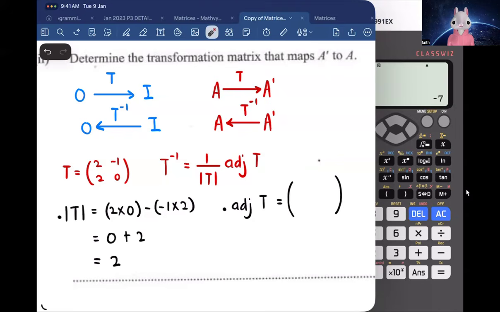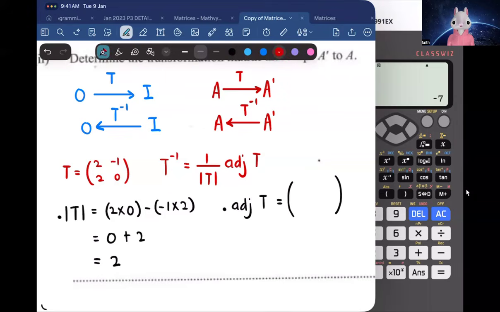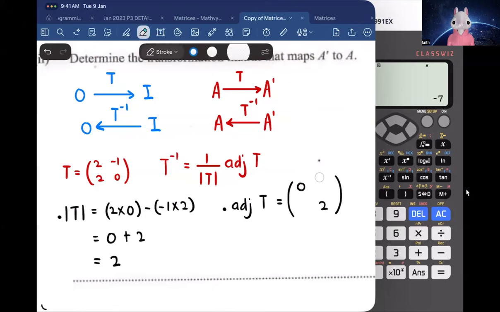You're switching the numbers, right? You're switching the first diagonal. So instead of writing 2 here, what would I write? 0. Right, I'll put the 2 over here. And am I changing any signs for the other diagonal? +1.